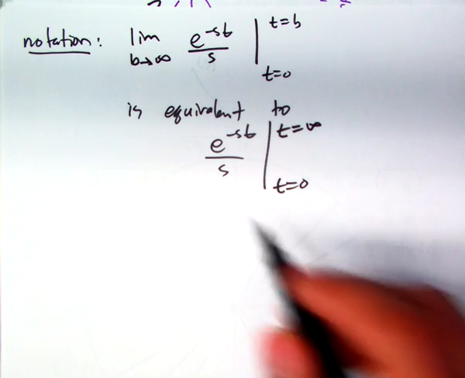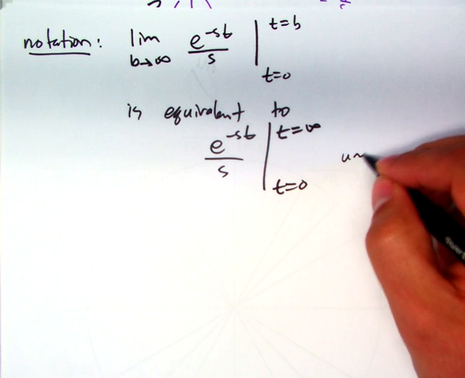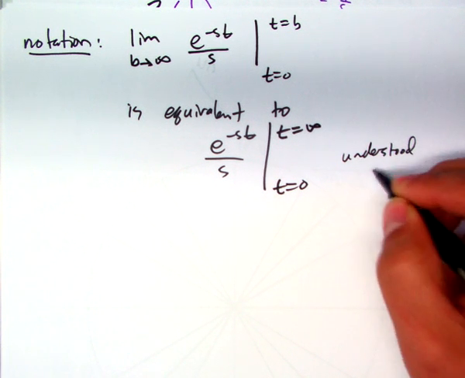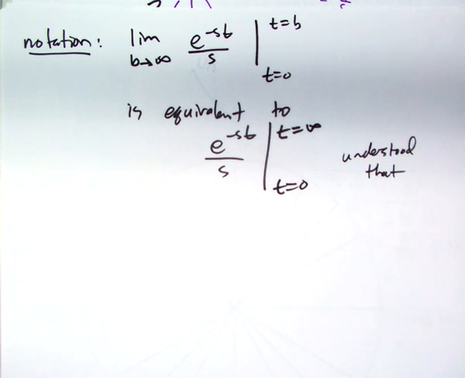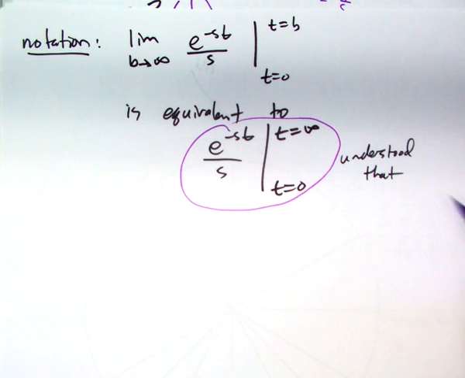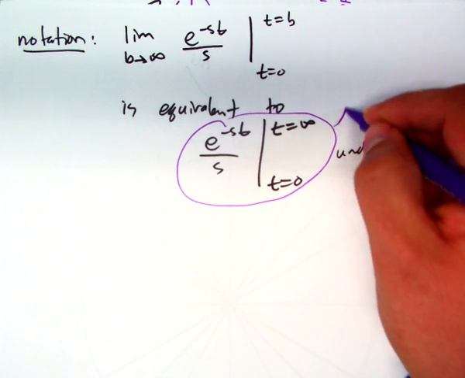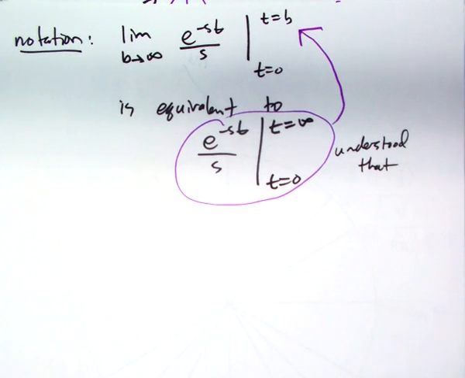It's understood that even though this isn't quite proper to do, this is essentially what we're doing. Does that make sense? So we don't have to keep writing out all these limit calculations.